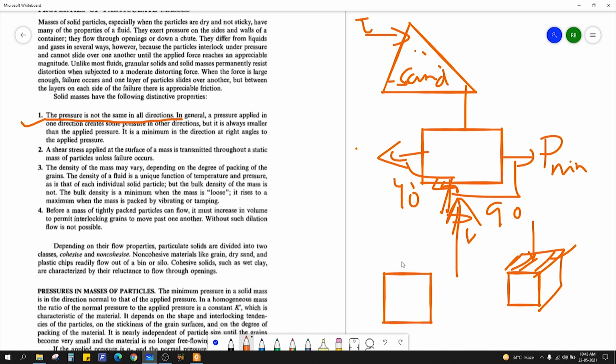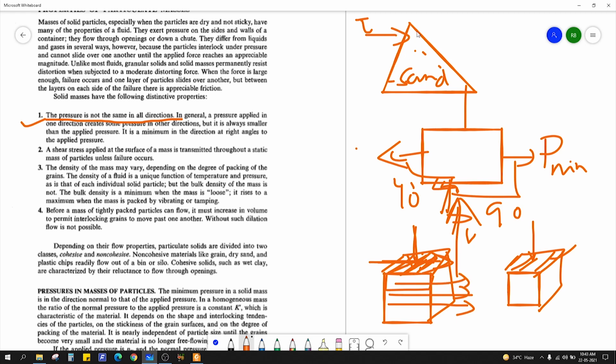What is shear stress? Suppose you have this volume with a surface, and you are applying force on this surface, but not at 90 degrees to the surface, but parallel to the surface. If you apply it in this direction over this surface, then this thing will be moving in this direction. This is called shear stress.